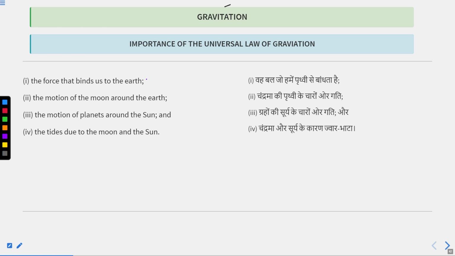Number 1 is the force that binds us to Earth. Number 2, the motion of the Moon around the Earth, and the motion of planets around the Sun or a star, because the Sun is also a star. And number 3, why tides are formed. This is Earth, let's suppose it's the Indian Ocean, and here is the Moon.